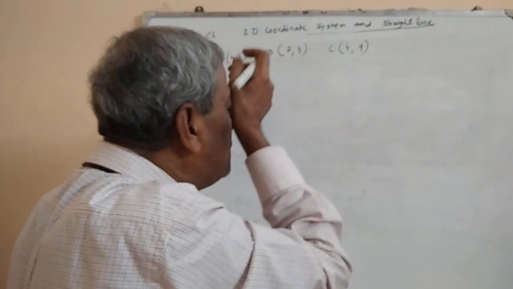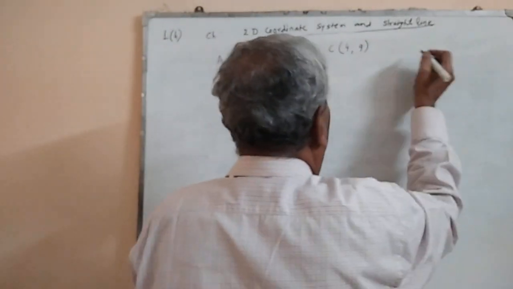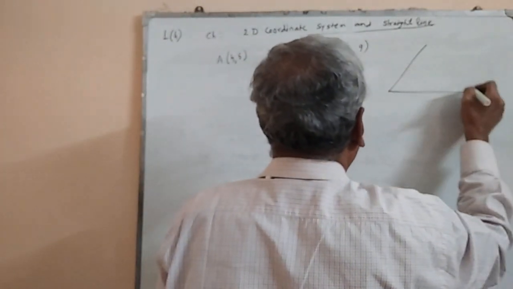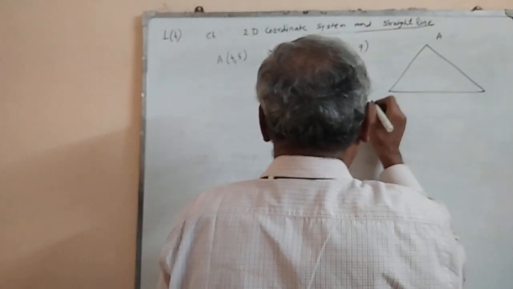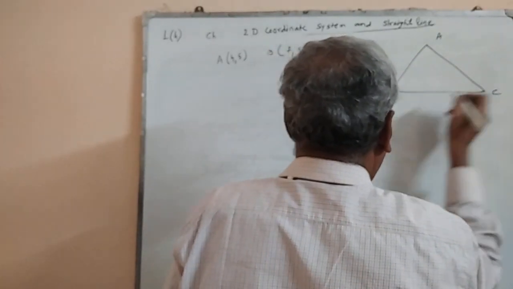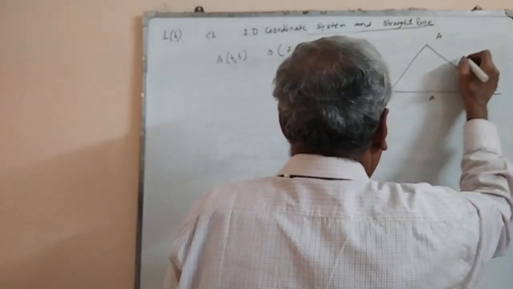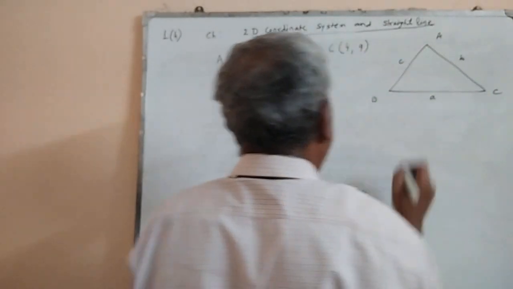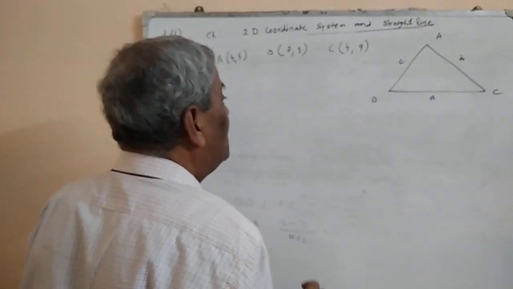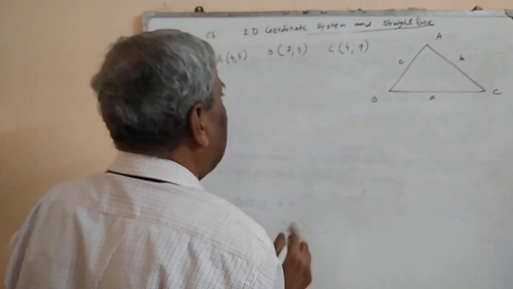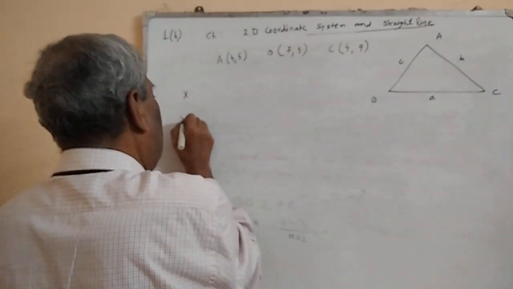Then to calculate the incenter of the triangle, suppose this is A, B, C. The side normally opposite to capital A is small a. Suppose the incenter is capital X, capital Y.